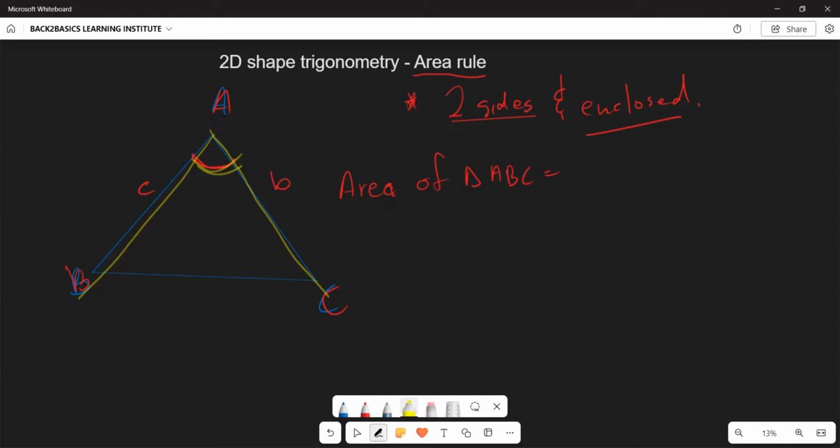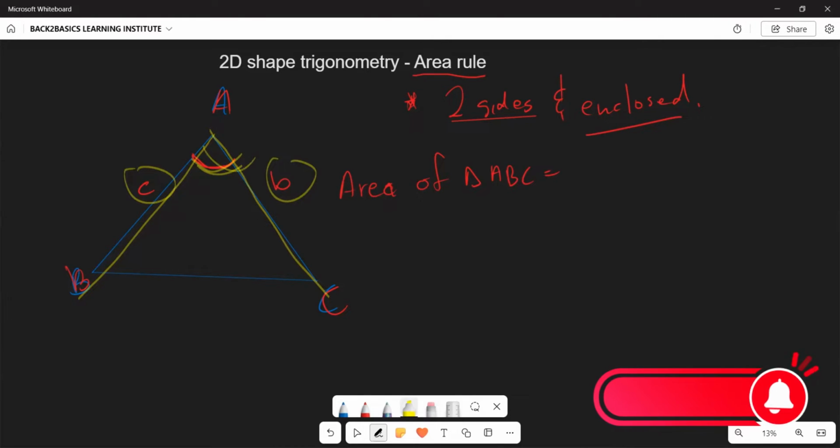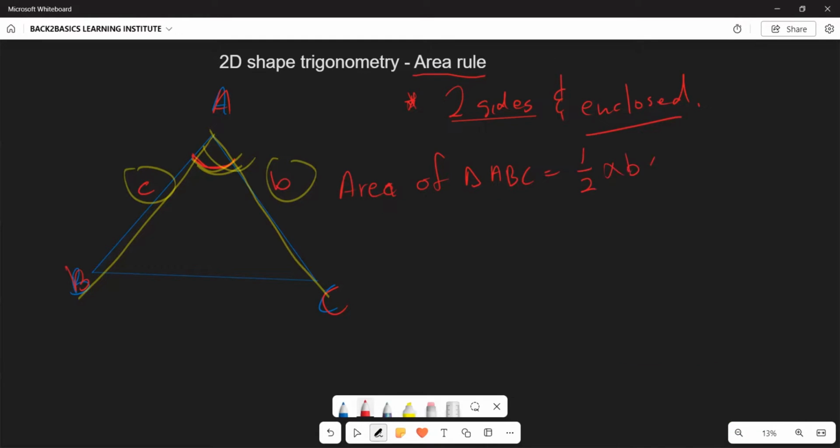Let's say in this case you are given that this is your B, this is your C, and you have your angle A. So the formula for the area of triangle ABC is going to be half multiplied by B multiplied by C sine of A.